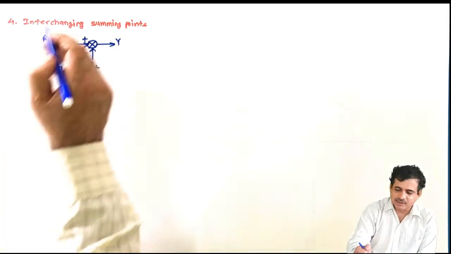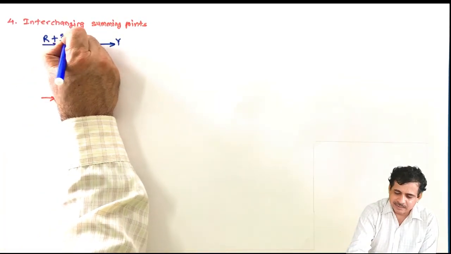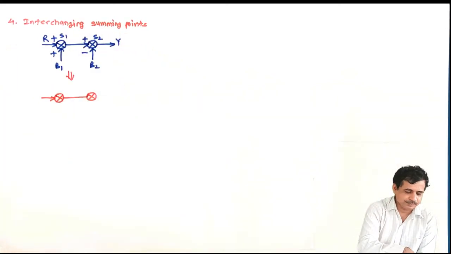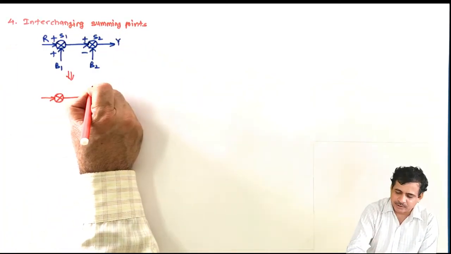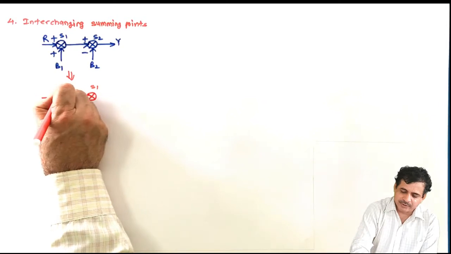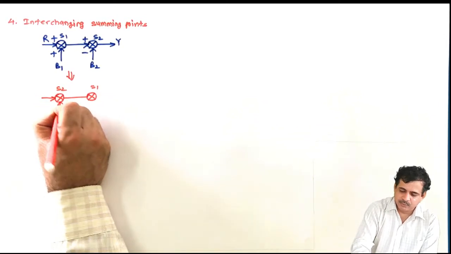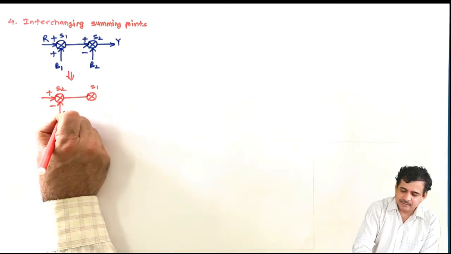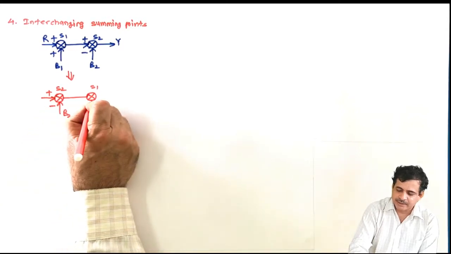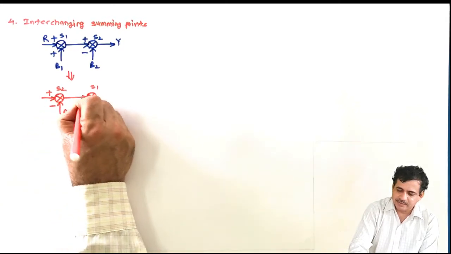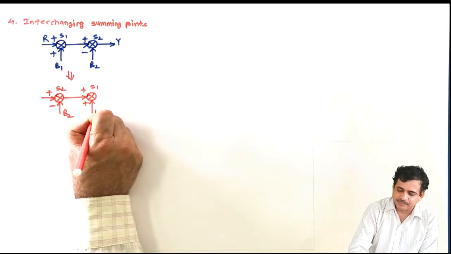Let me call this S1 and this S2. Now I will put S1 here and I will put S2 here. So input to S2 is B2 with negative sign, input to S1 is B1 with positive sign.